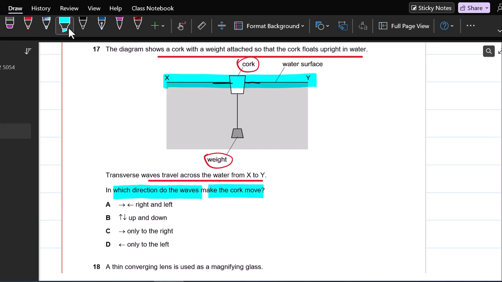So the cork is going to move up and down, because energy travels perpendicular to this. It is a transverse wave. So the cork should move up and down. So B is right here.